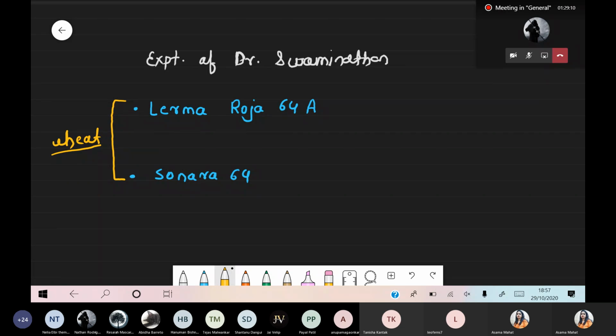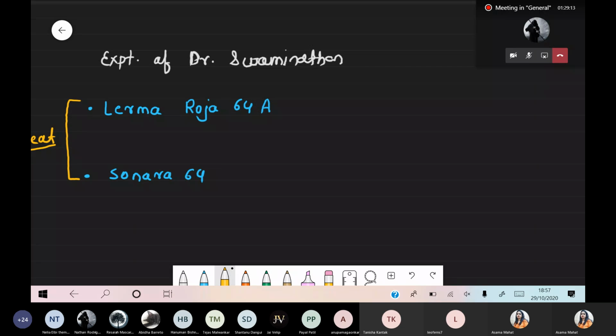Both of these species have red grains. Both have a red grain color. Normally if you see wheat seeds, their color is something different, a wheat color. That is a wheat grain. But initially these had red color grains. But one other good quality, they show a high amount of yield.